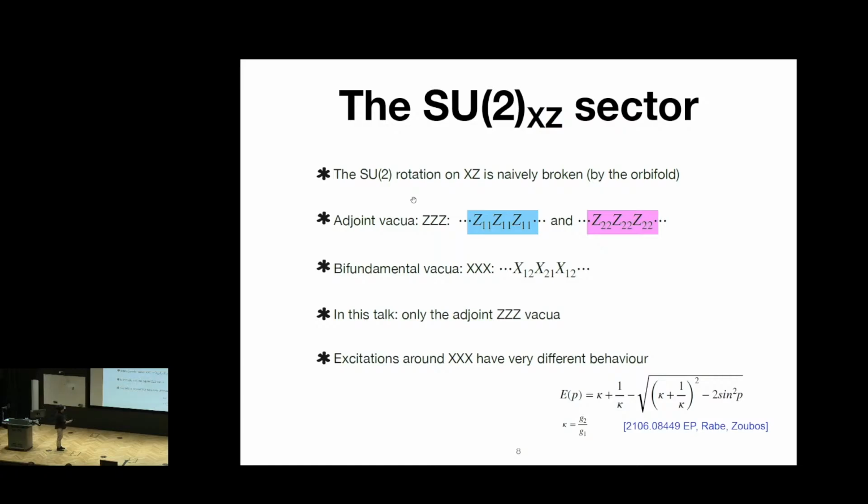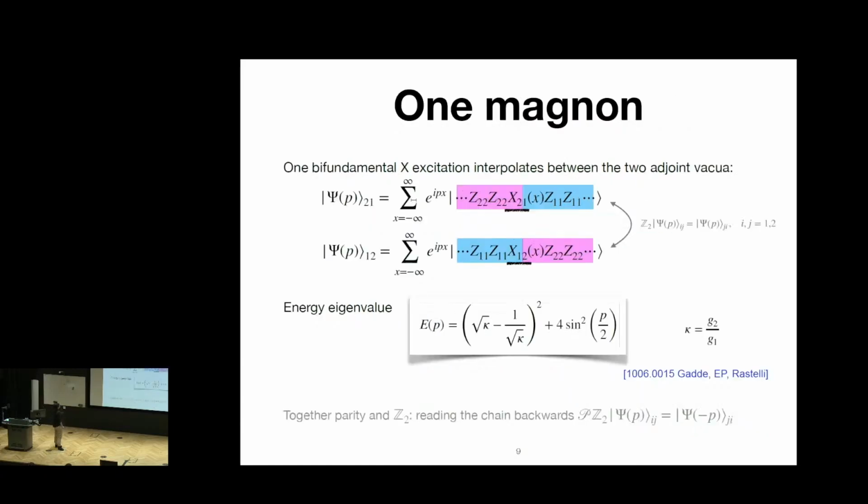So this talk will be all about this. So here we are, one magnon around the ZZZ vacuum. This bifundamental excitation, precisely because it's bifundamental, interpolates between the two different vacua. And there is no other way. There is no way out of that.